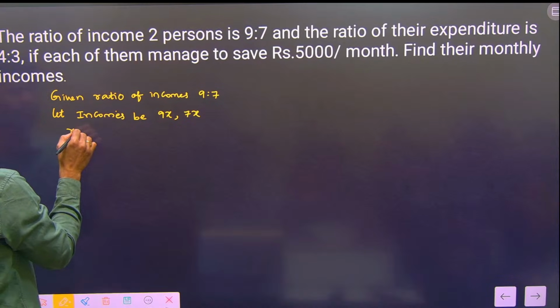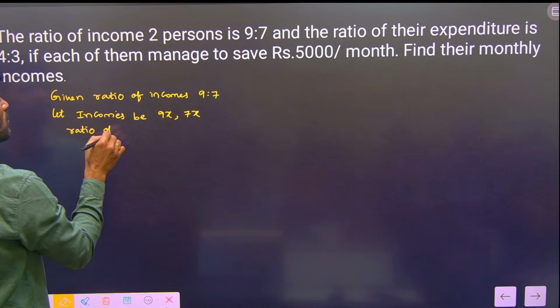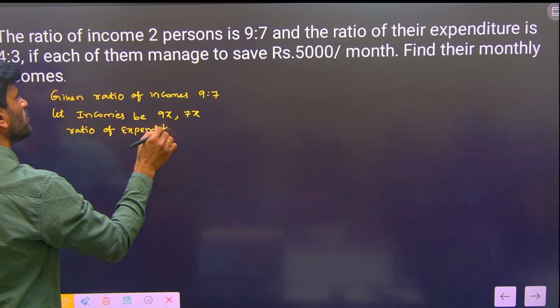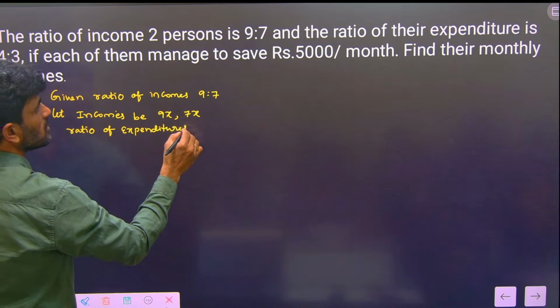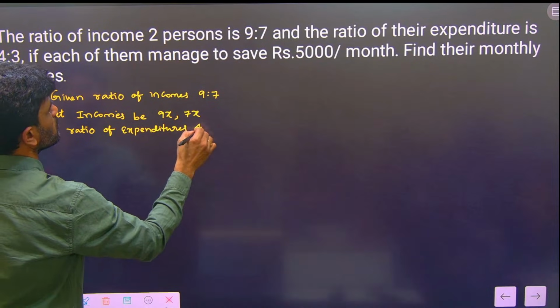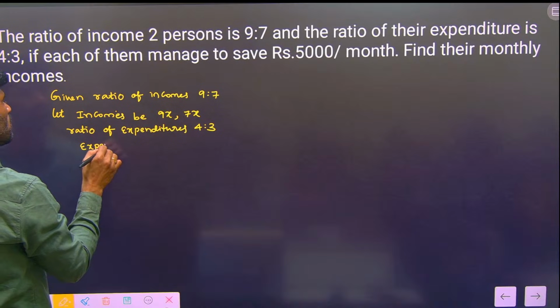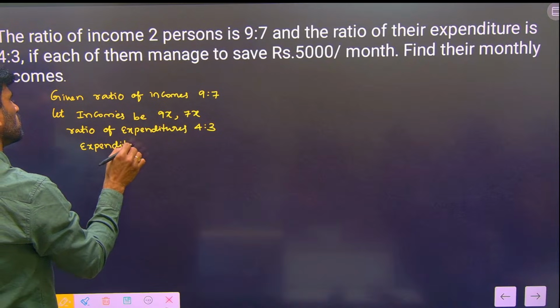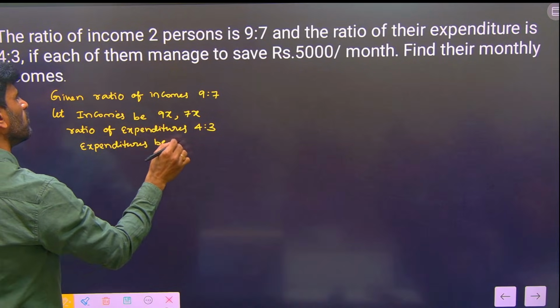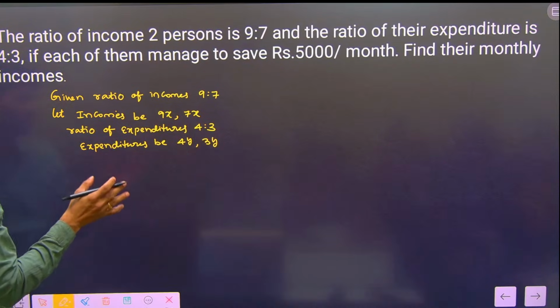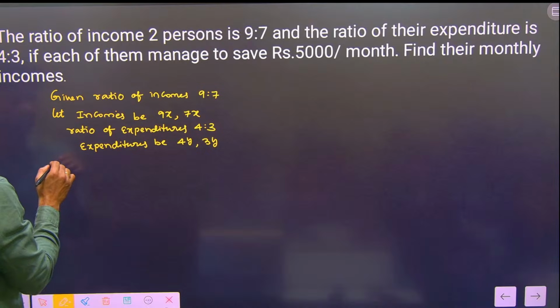Similarly, the ratio of expenditures is given, 4 is to 3. We will take expenditures be 4y, 3y.